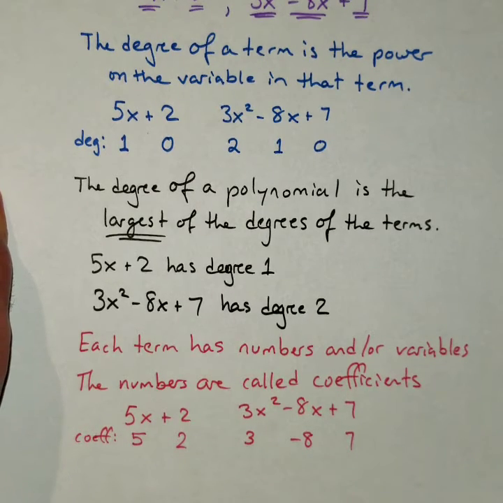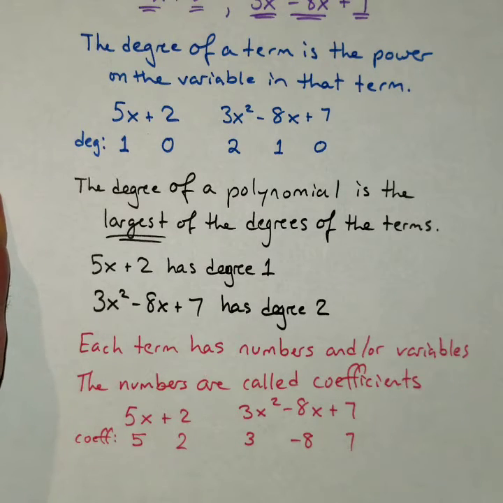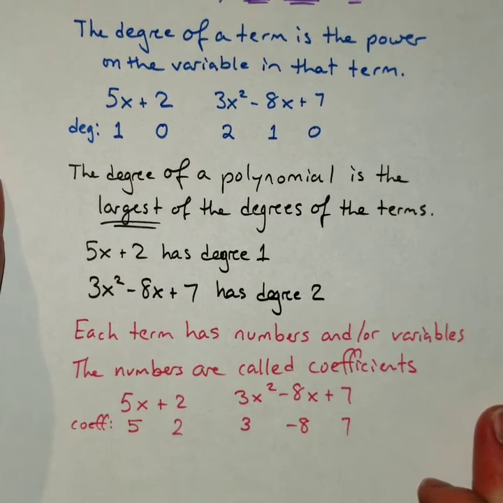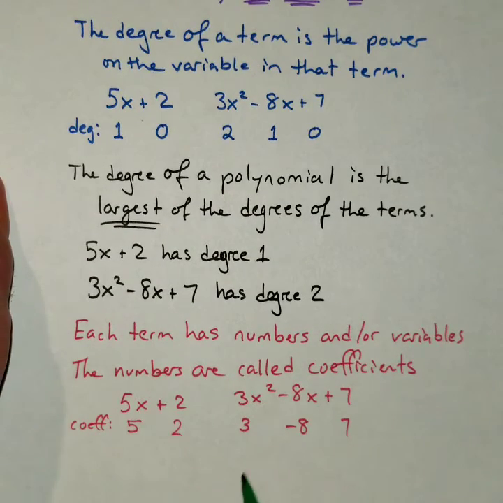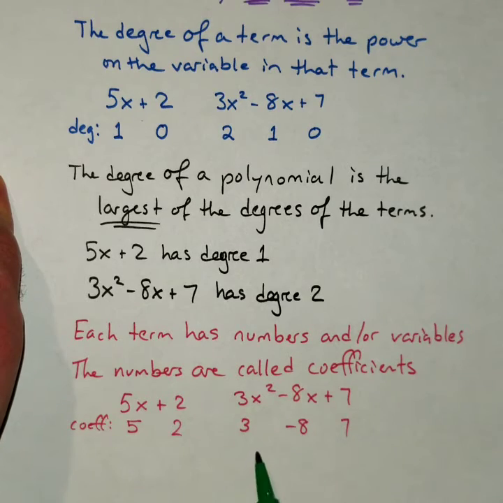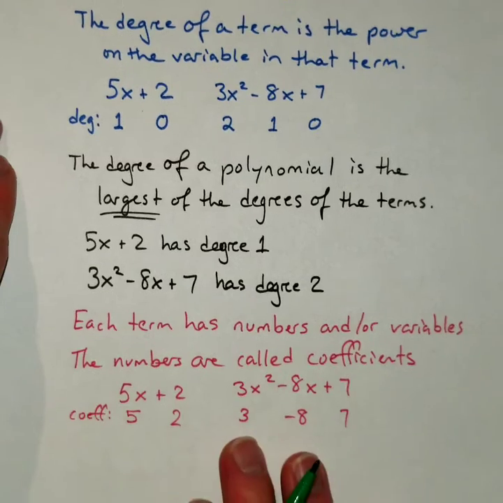All right. Also, the coefficient of the term with largest degree is called the leading coefficient. So that'd be the 5 and the 3 in these two cases.